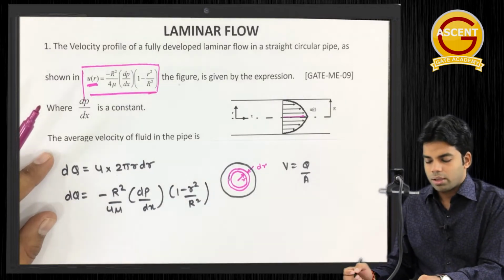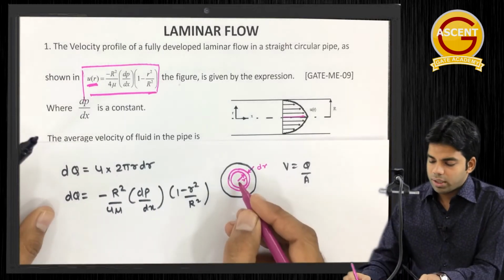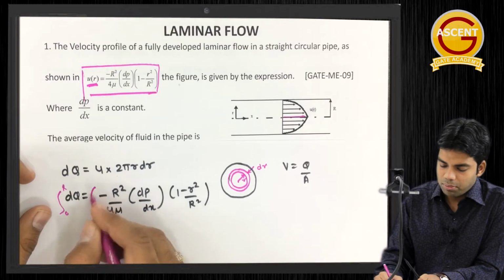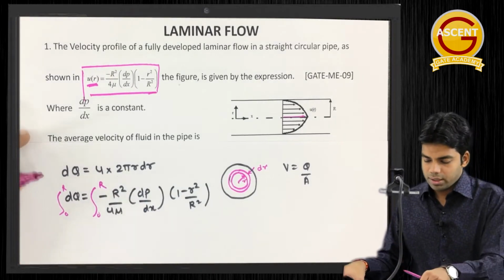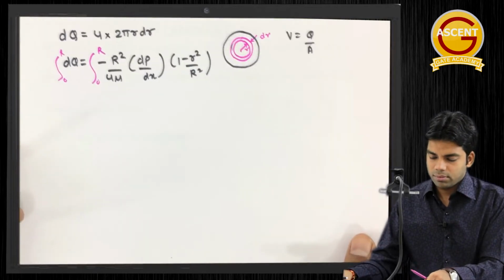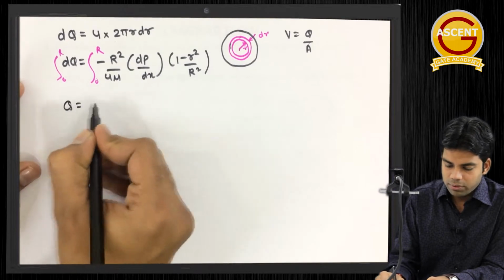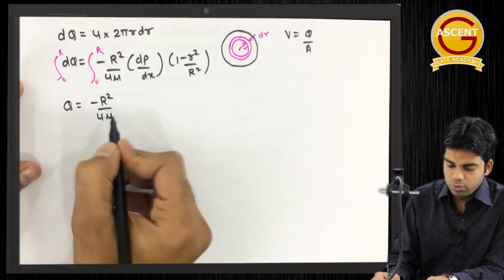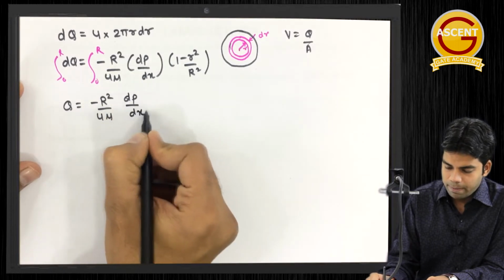Getting this? Now we want to calculate the total discharge, so we will have to integrate it from 0 to capital R. Just integrate it from 0 to capital R and we will get the total discharge. So Q will be equal to, these are constants, minus R square by 4 mu, and in the question it is given dp by dx is also constant.